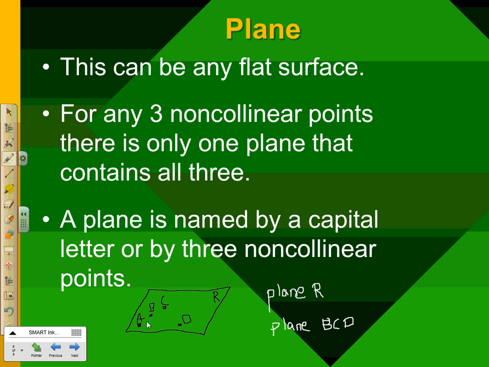Could ABC work? That's actually the one that won't. Why not? Look at ABC. I can connect those with a line. So those are collinear, so they don't count. But I could use ABD, BCD, DCA, as long as they're non-collinear.